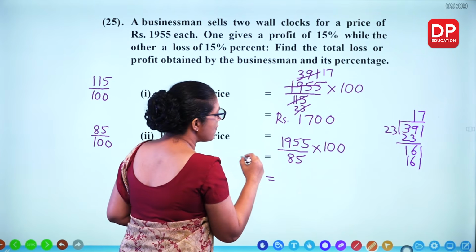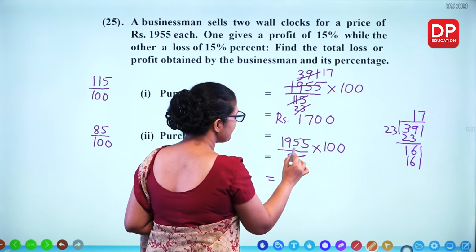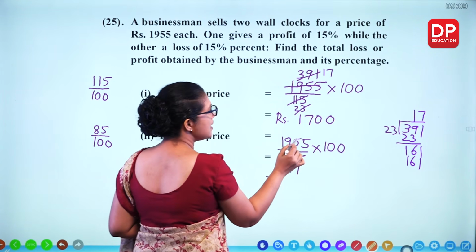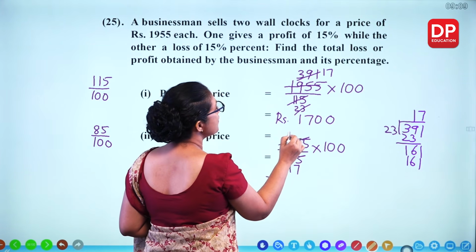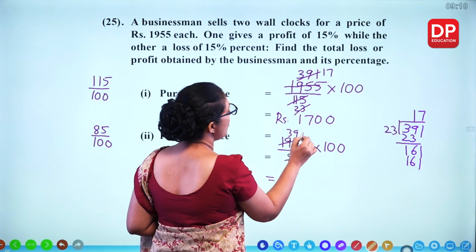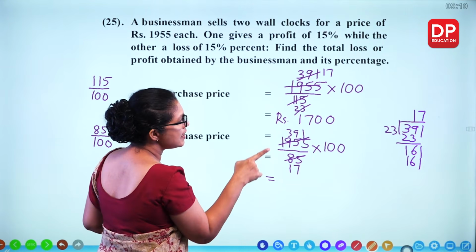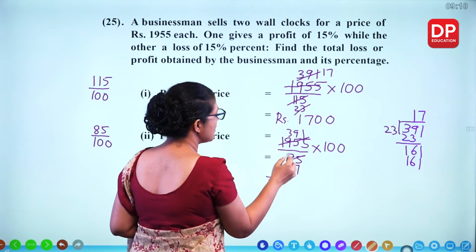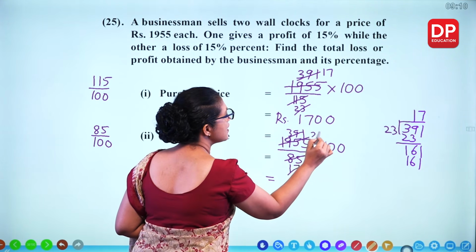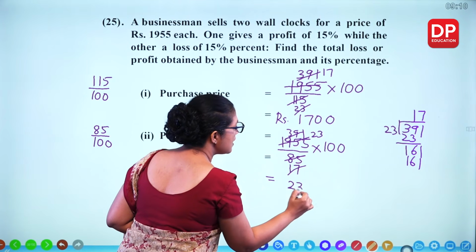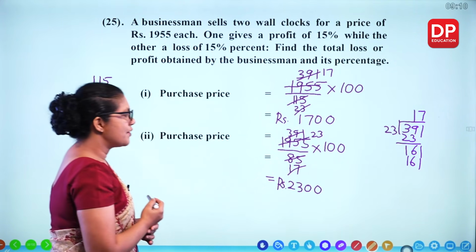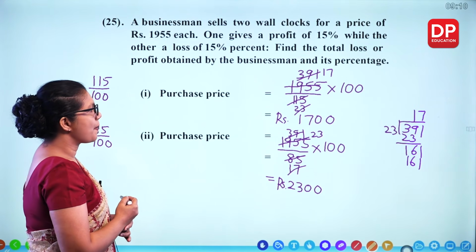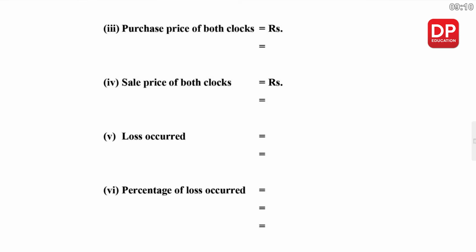Simplify this, divide by 5, 17, and here when you divide by 5 you get 391. Now 17 times 23, so this is 23. So 2300, that means 2300 rupees.